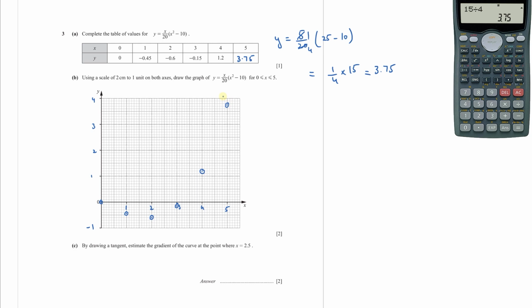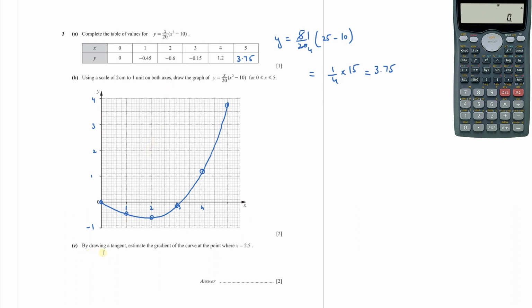So now I can draw this curve here. So this will be your curve for this equation.